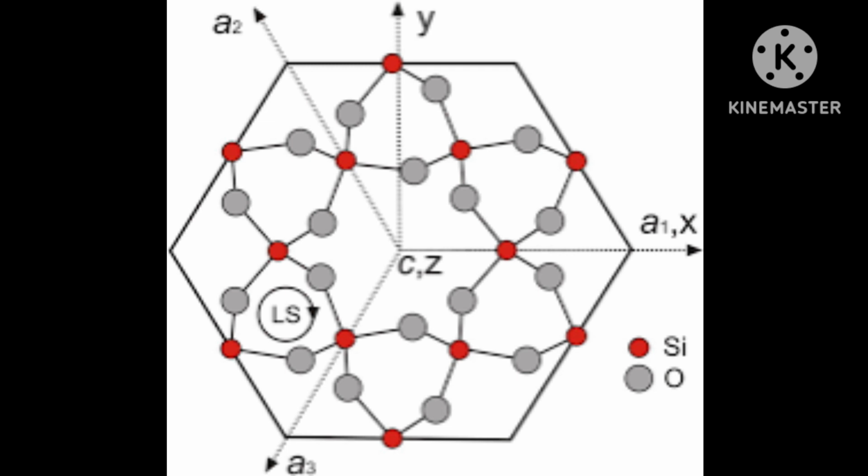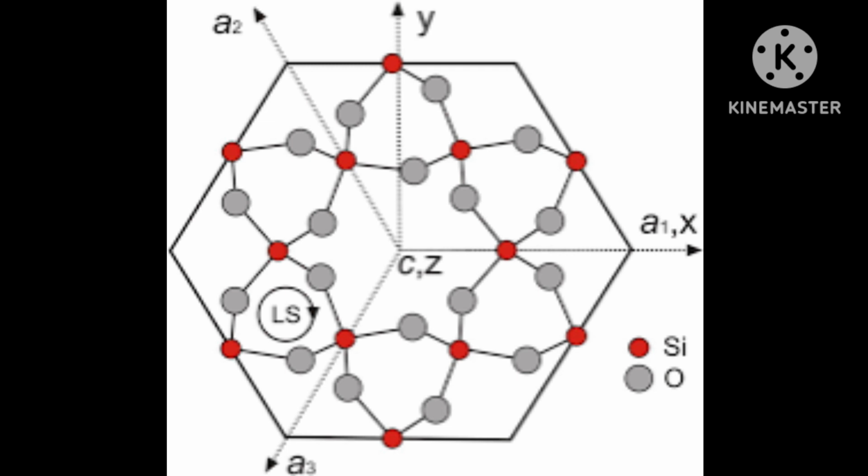Just like a cube, one structure is cube, that is called cubic structure. Second structure is tetragonal. Tetra means 4. Third structure is orthorhombic. Fourth structure is hexagonal. Hexa means 6.